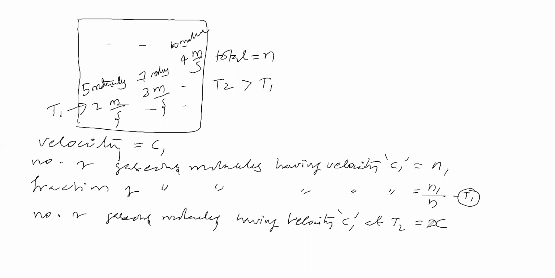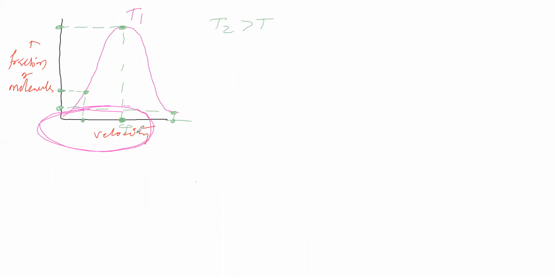X is the higher value, what do you say? Now, 2 meter per second is possessed by how many molecules, that you compare. When the velocity is here, you consider this velocity side. At this velocity side, when you increase the temperature, what happens to the fraction of gaseous molecules? That point we have to see.